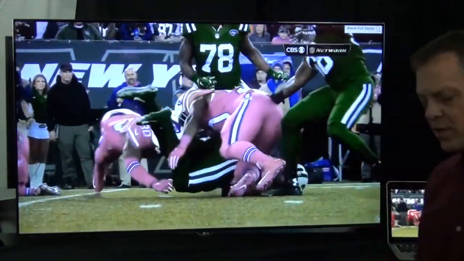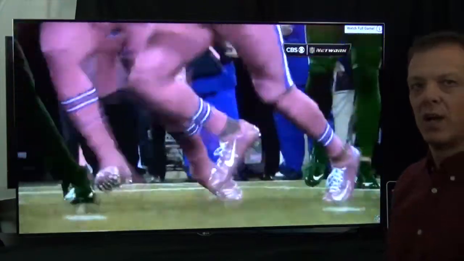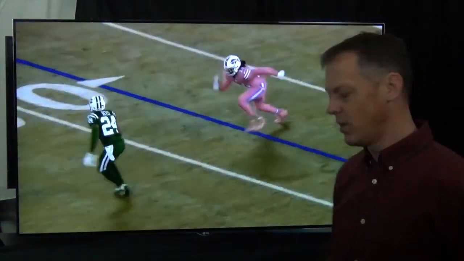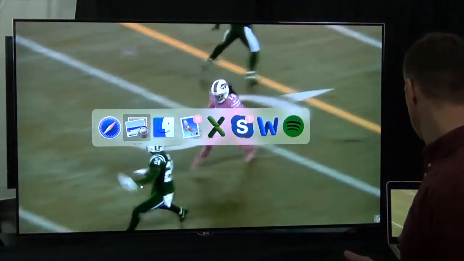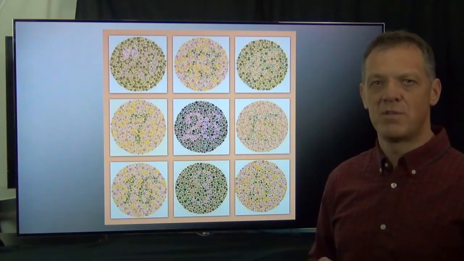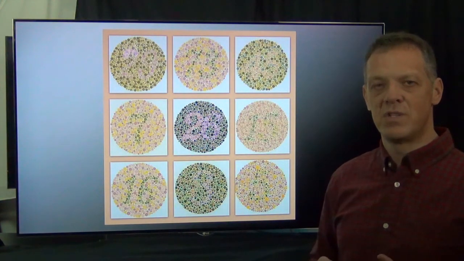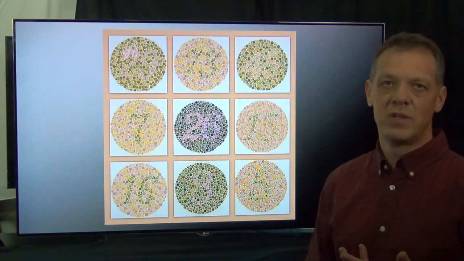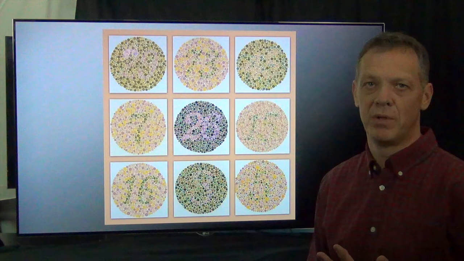Now, another thing that we figured out early on in the research into color blindness is there are different types of color blindness. Our eye has 3 types of cones, and those cones detect color. There's a cone for sensing red, a cone for sensing green, and a cone for sensing blue.